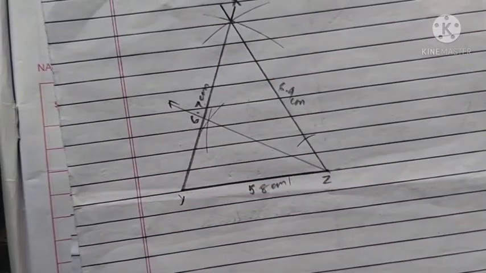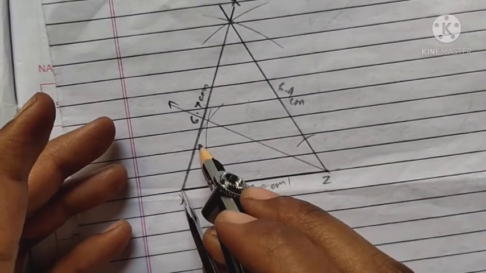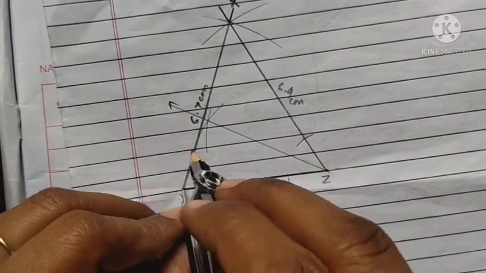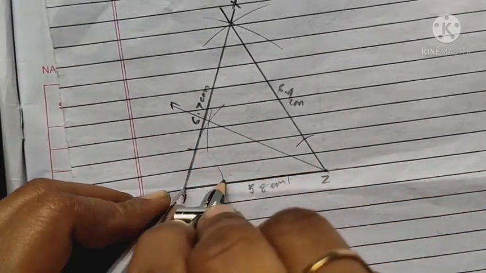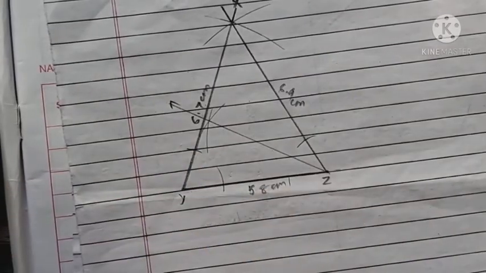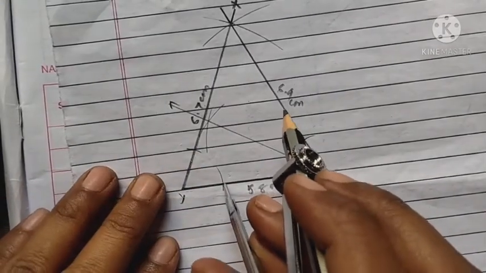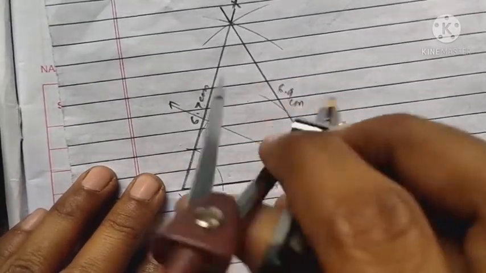Now we have to bisect angle Y. To bisect angle Y, in a similar way, place the tip of the compass on Y and draw two arcs, and construct the bisector of angle Y also.